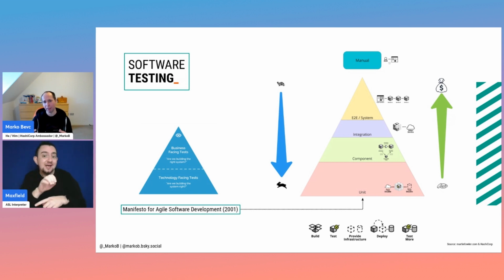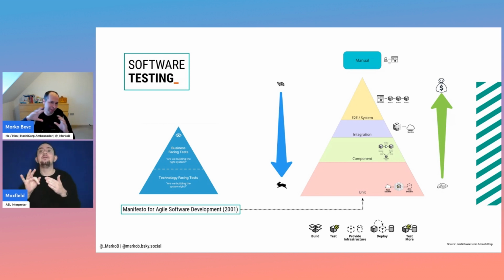And like I said, in the pyramid there is an interesting relationship where the higher you go up the pyramid, the tests become slower, more complex, and more expensive, and finding bugs later on in the testing can be more expensive as well.